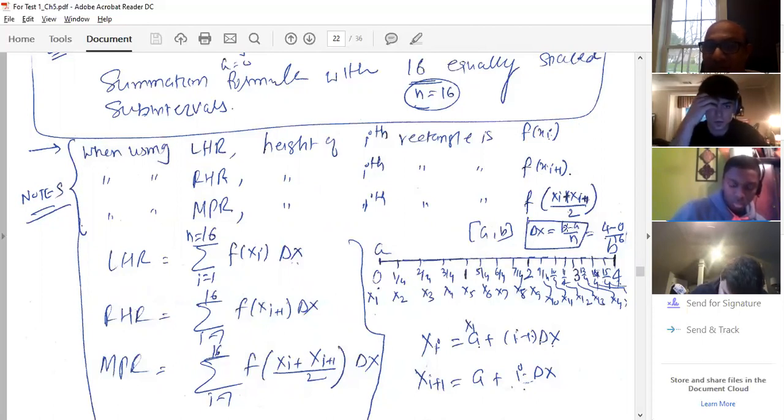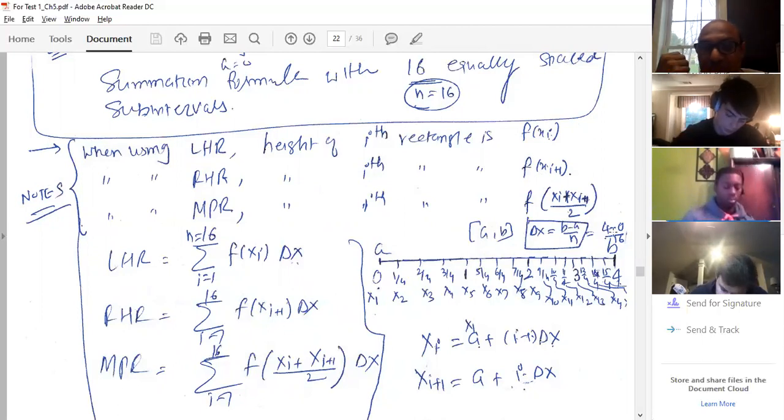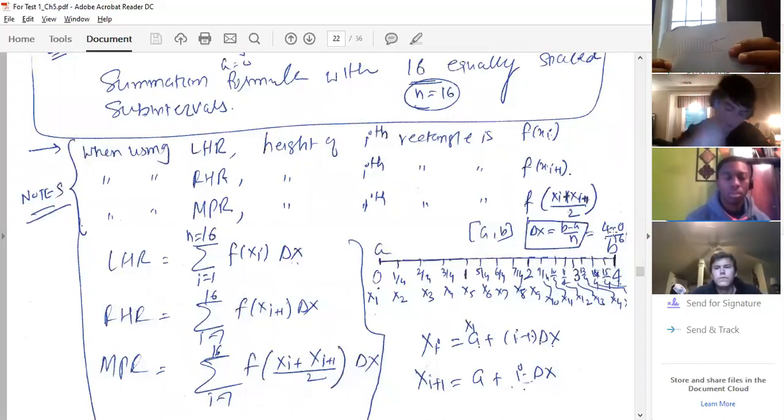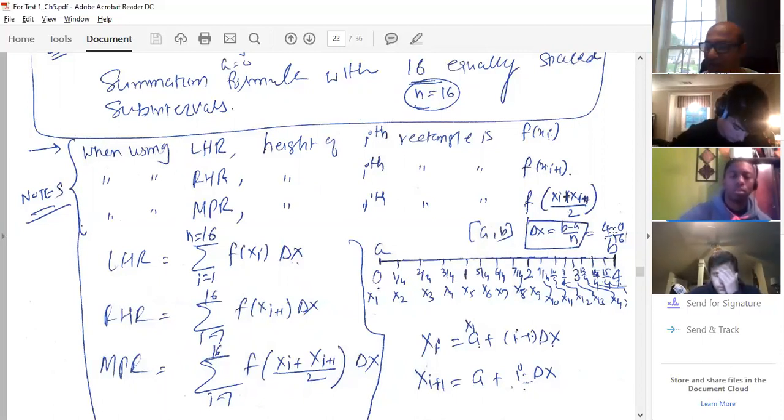Here b is your 4, a is 0, and n equal to the number of partitions. 4 is the upper bound and 0 is the lower bound, so x runs from 0 to 4. Between 0 and 4, we are dividing our interval into 16 parts, so n equal to 16. So 4 divided by 16 means 1/4. That means the width of each partition is 1/4.